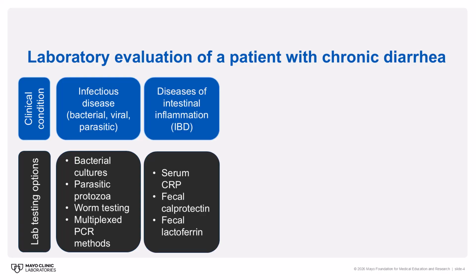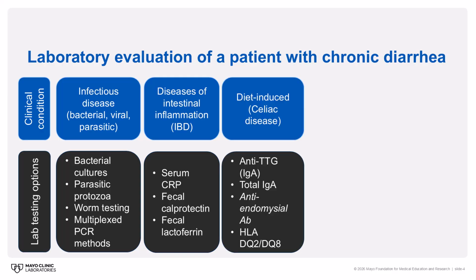For diseases of intestinal inflammation, such as IBS-D, testing such as serum CRP, fecal calprotectin, or fecal lactoferrin could be ordered. For diet-induced chronic diarrhea, such as celiac disease, a variety of testing is suggested, and those are shown here, including anti-TTG antibodies and all the way down to HLA testing as well.